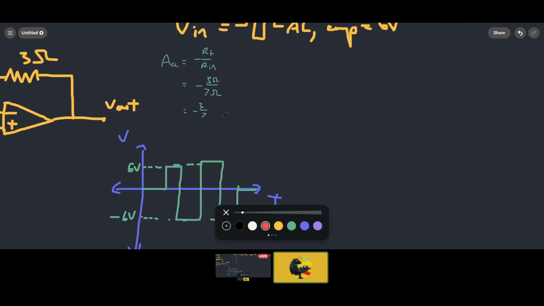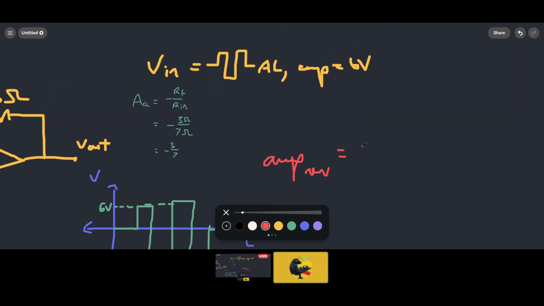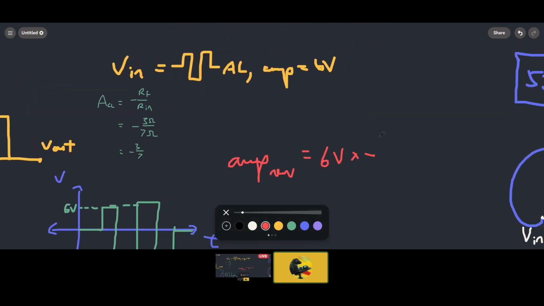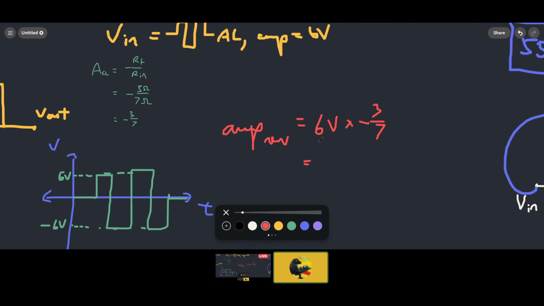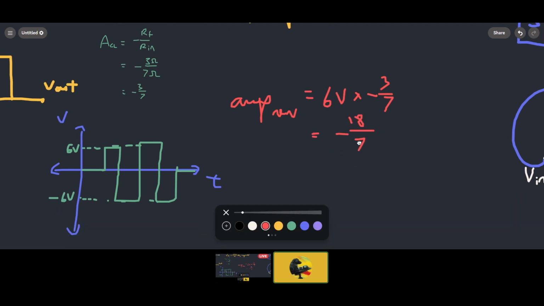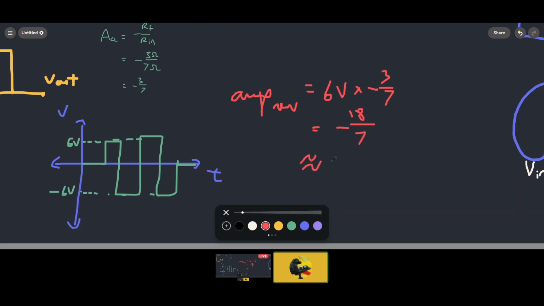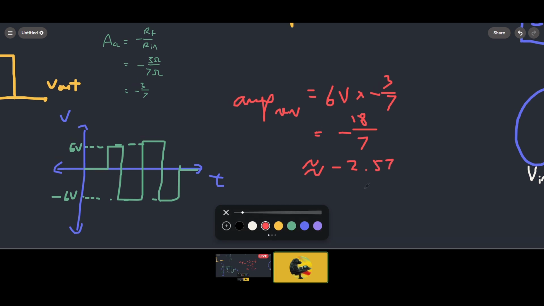The new amplitude would be the original amplitude times negative 3 over 7. We can pretty much ignore the negative, but let's include it here. So our new amplitude is negative 18 over 7, which is 2.57.